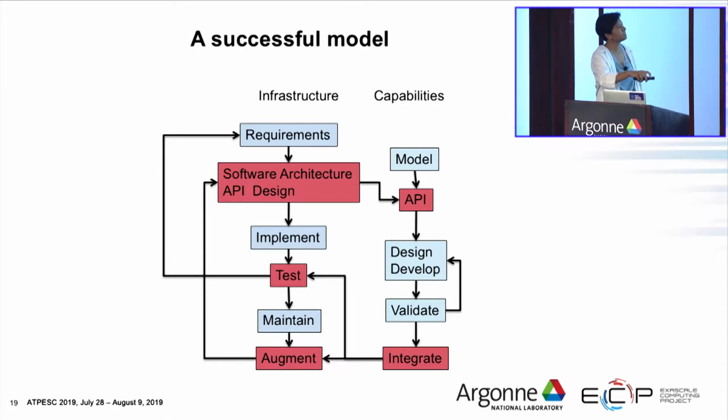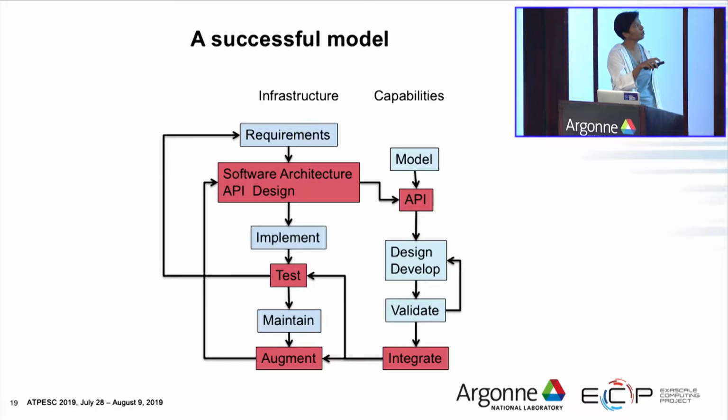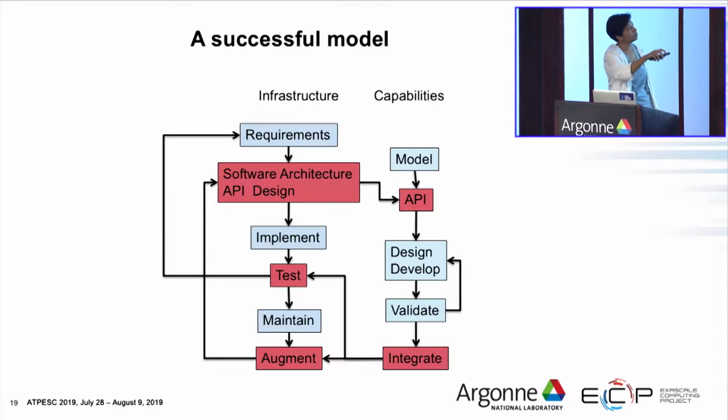And then there is the capability development, where typically your prototyping is this part, where you design, develop, validate. And then once you're confident that your capability is going to do what you want it to do, and you can employ any kind of development process here, whether it is TDD or whichever favorite model of development you want, then you build the API on top of it, which then becomes known to the infrastructure, and then you do the integration where you augment the infrastructure so that this unit is recognized by the infrastructure.